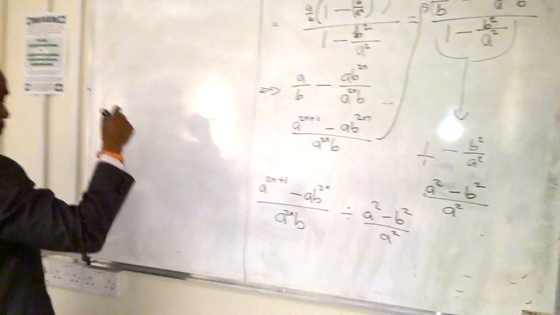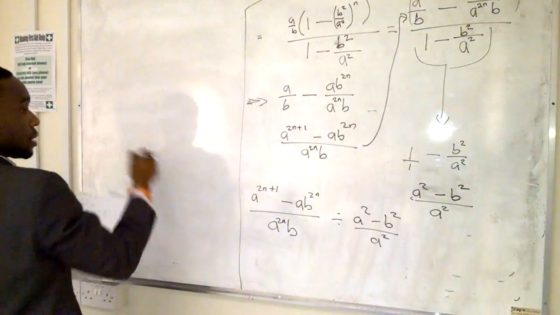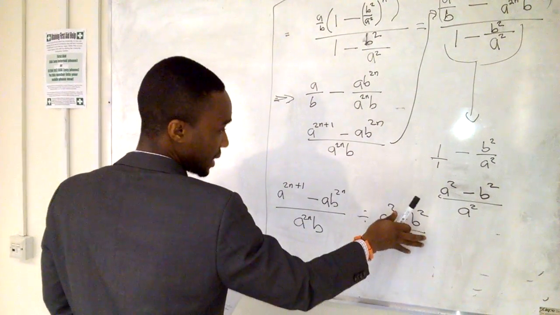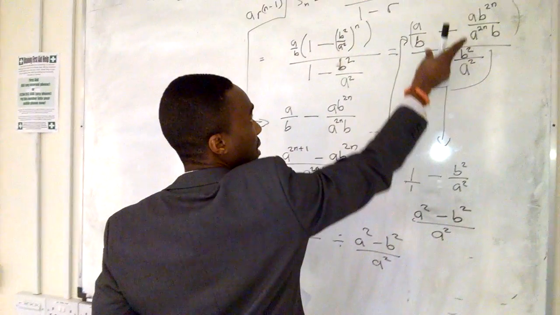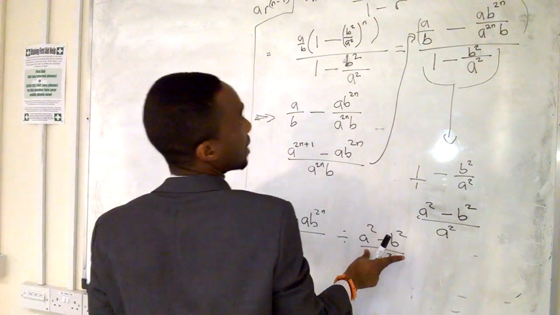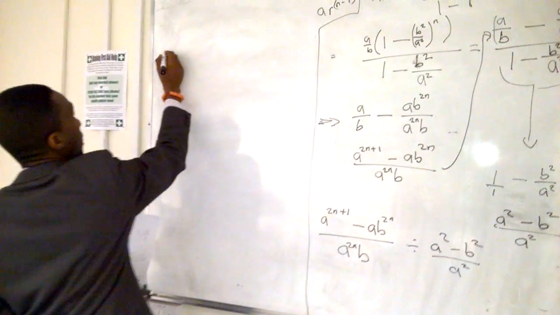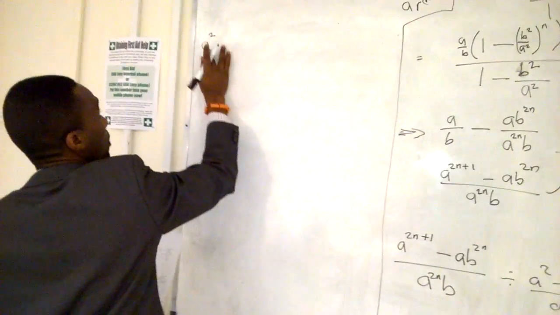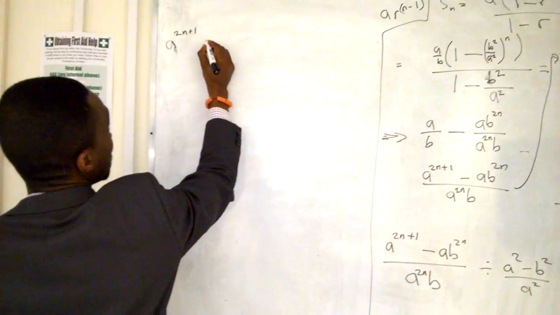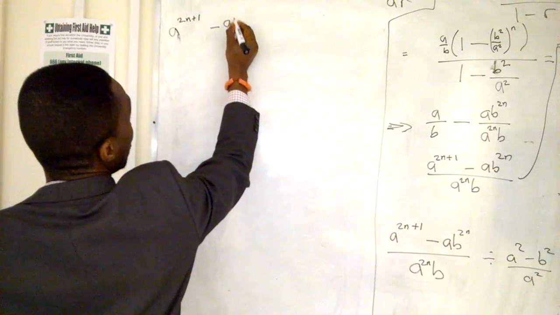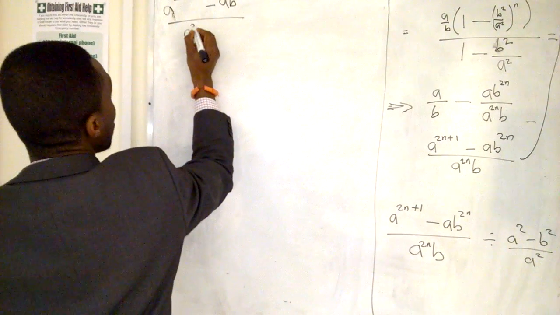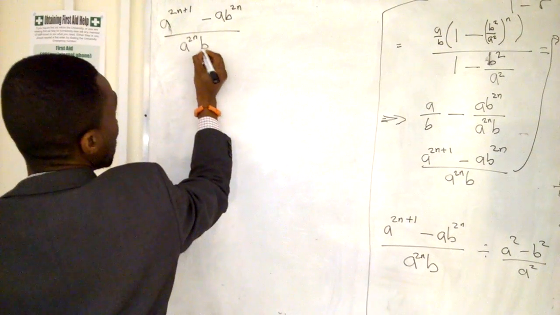Then you're gonna have, because this is divided by this, you know, this is divided by this, and this is this, and this is this now. So a squared n plus 1 minus ab squared n over a squared n b.